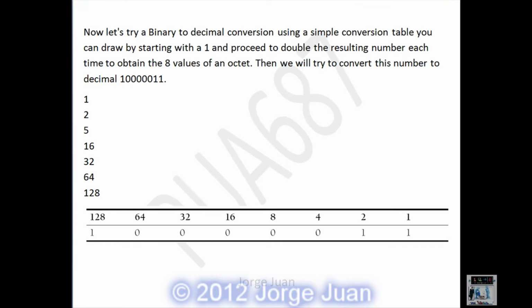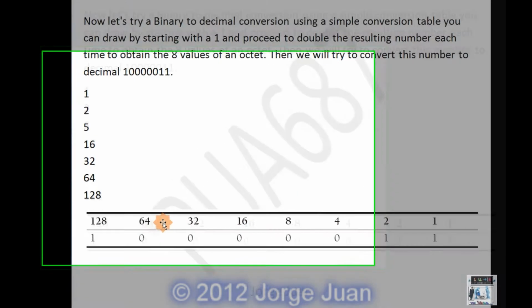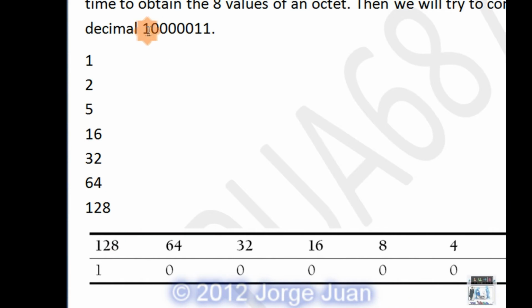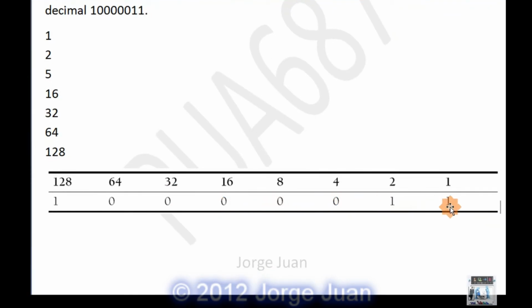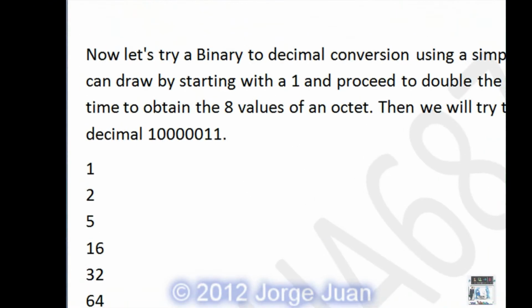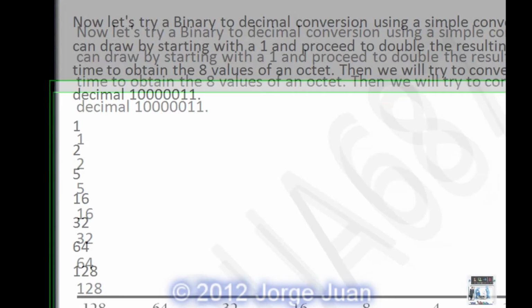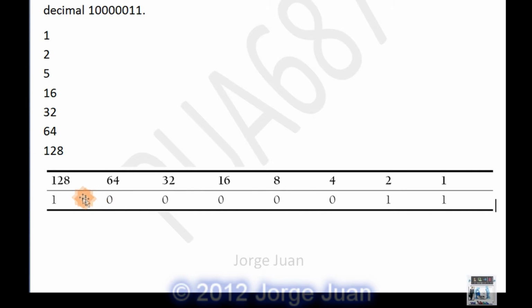Okay, we have the 8 values for each bit for our 8 bits, 1, 2, 3, 4, 5, 6, 7, 8. And now we have this number 10000011. And I put it right here, 10000011. Now, to convert the value from binary to decimal, what we need to do is to add the values for each bit that has a number 1.